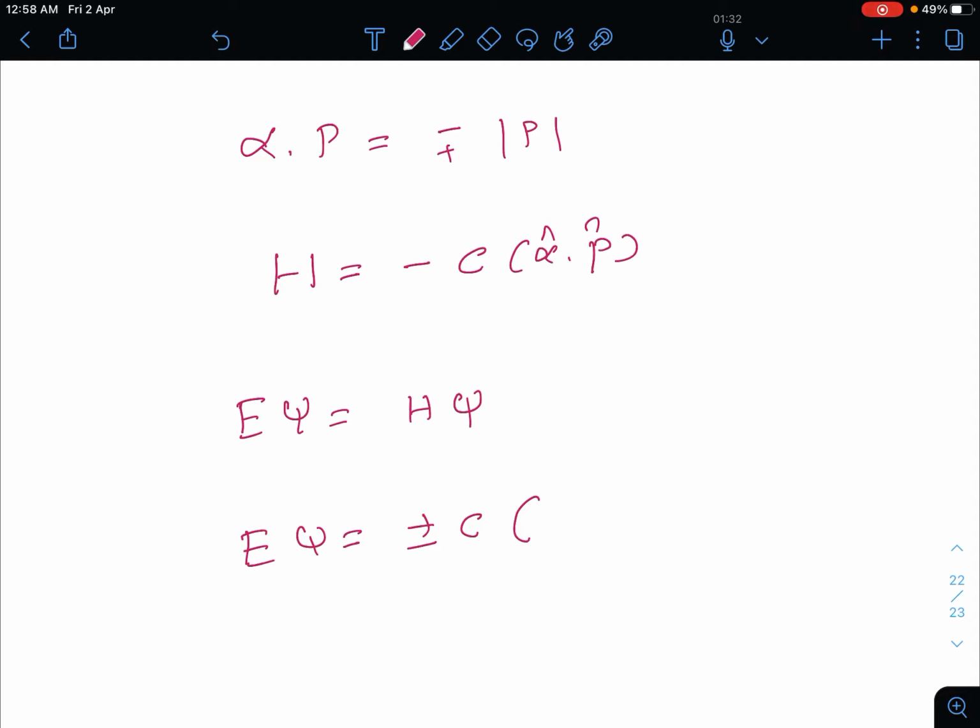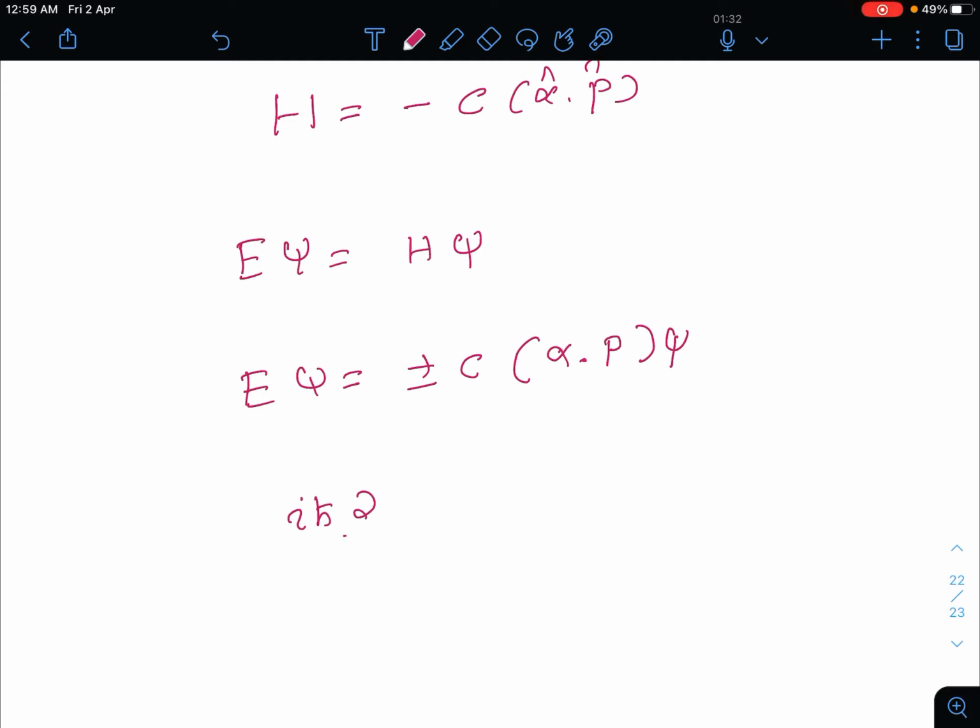So if I write that in the usual operator form, i h cross dou psi by dou t is equal to minus c alpha dot p psi.